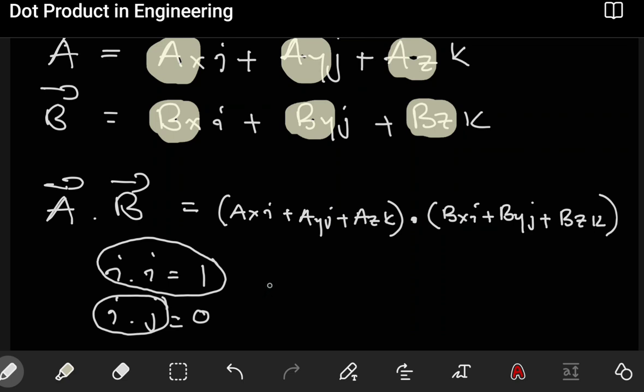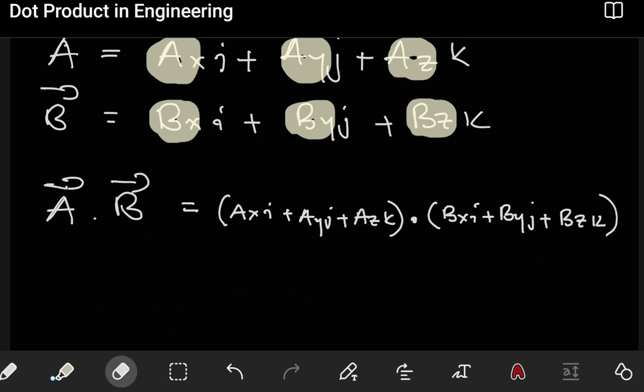So even when you end up with, let's say, I dot K, this is going to also be giving you a 0. What you realize is that the expansion of this expression will reduce to only A in X, where this will be multiplying B in X.